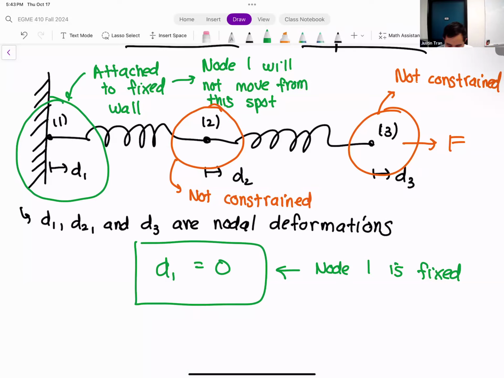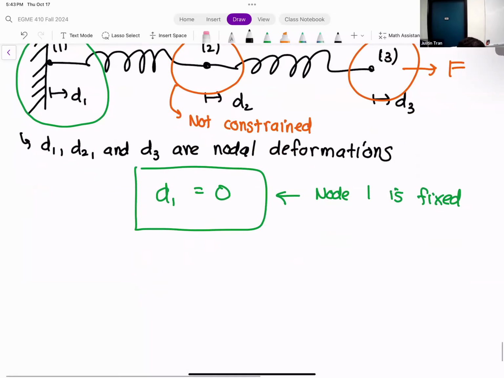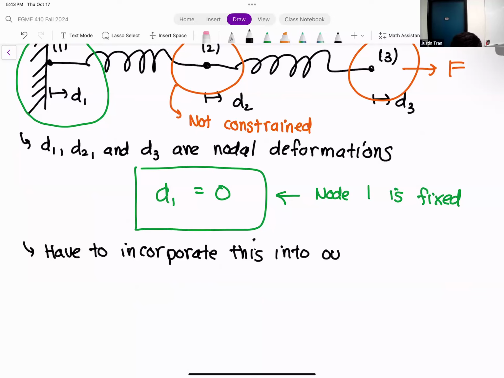Now this equation is eventually going to have to make its way into our matrix system. Because remember, the way that we defined our matrix system was a 3x3 system of equations, right?